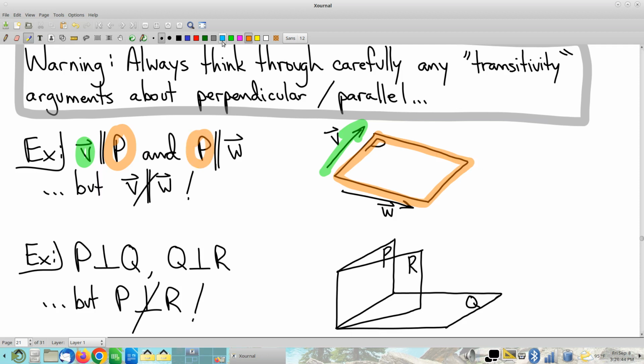That plane P and this vector W, those are parallel. Just from the way it's written on the page, you might have some urge to conclude that V and W are parallel, but look at the picture, they're obviously not. And once you think about the geometry, there's no reason to think that they should be. Does everybody see what I'm talking about?